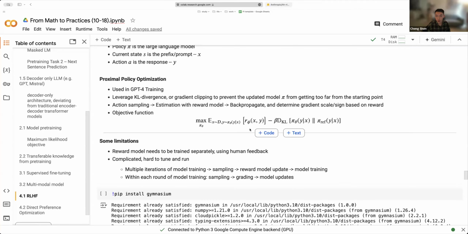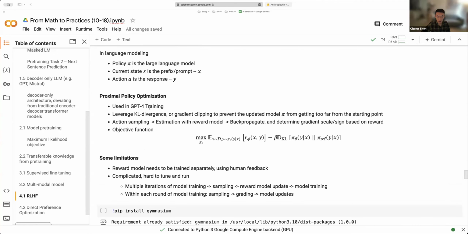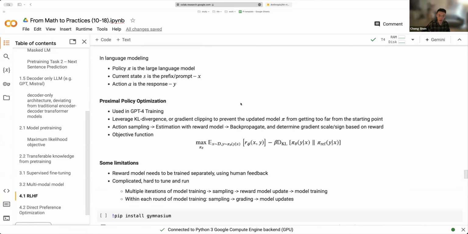Yeah, and the whole process of this proximal policy optimization is actually a very widely used algorithm in reinforcement learning, not only for large language models, but you can also use it for gaming, for robot control, all different kinds of reinforcement learning.